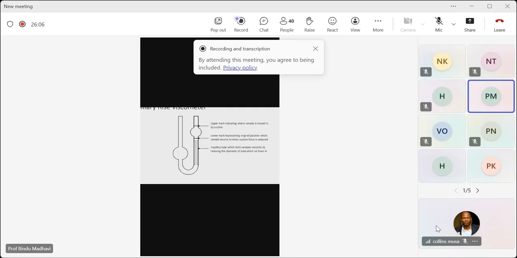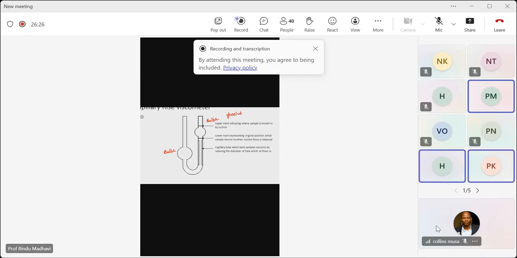So this is a simple U-shaped glass tube. You can see this U-shaped glass tube with two bulbs, bulb 1 and bulb 2. It's a glass tube which is transparent, so you can visualize what is happening inside the tube.